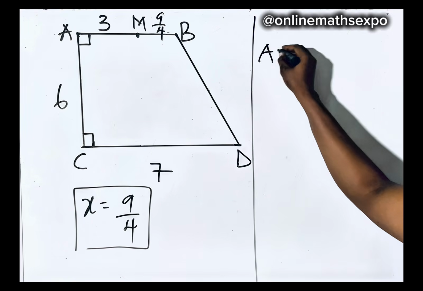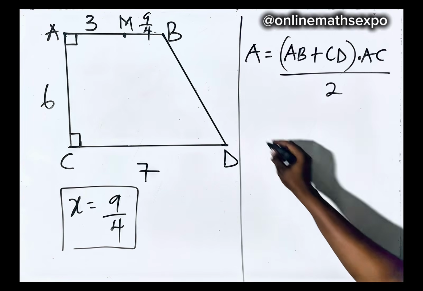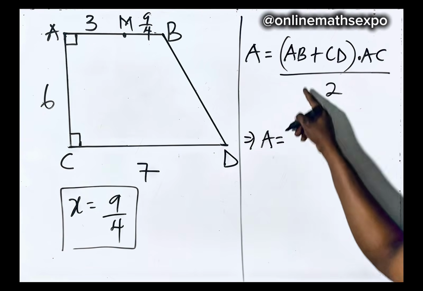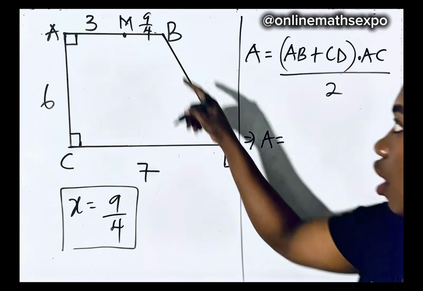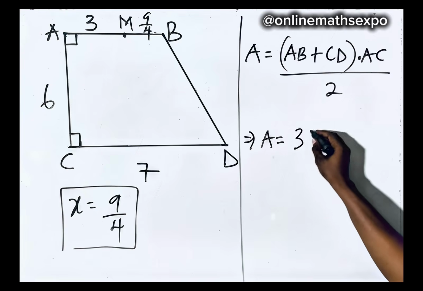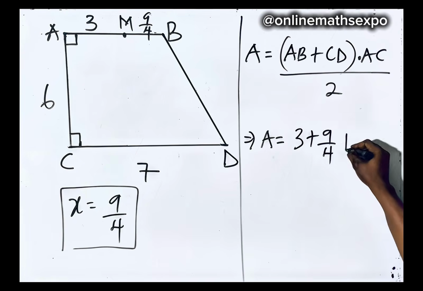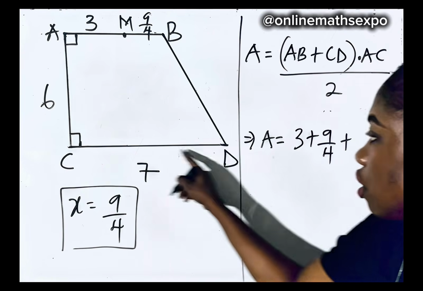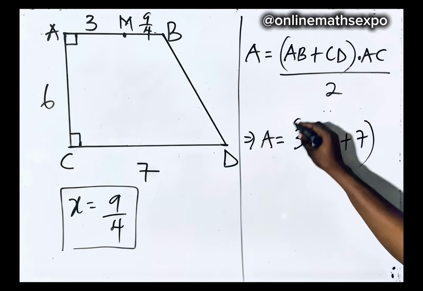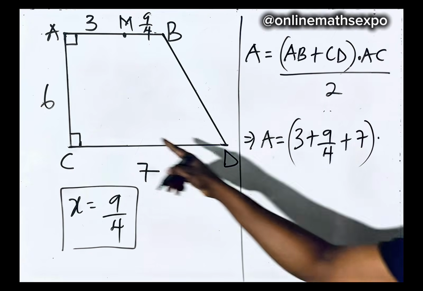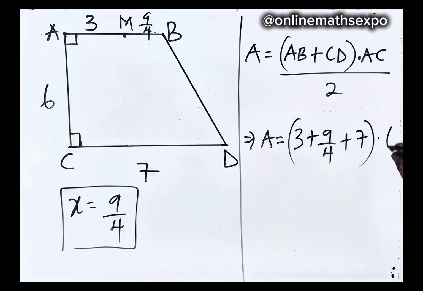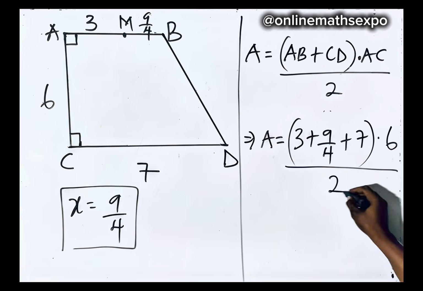And we said the area of a trapezium is, so to work this out, AB, this whole length, so we have 3 plus 9 quarters, then plus CD, which is 7, multiplied by AC, which is 6, and then divide the result by 2.